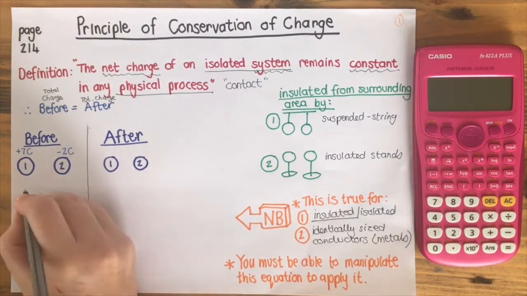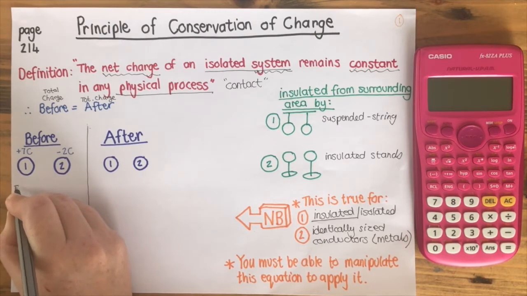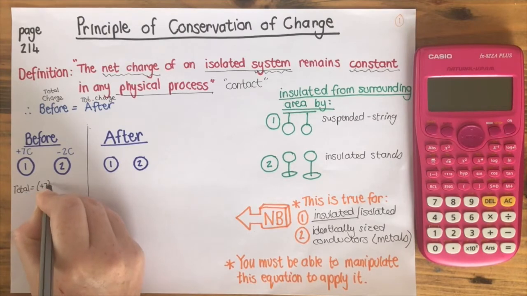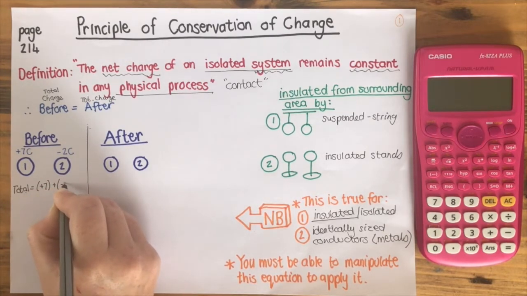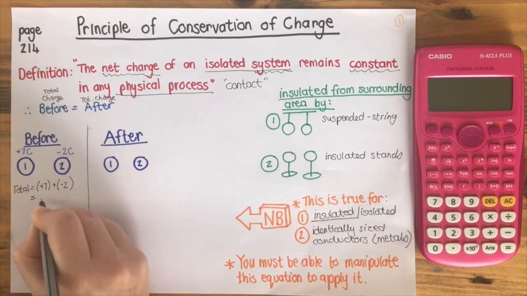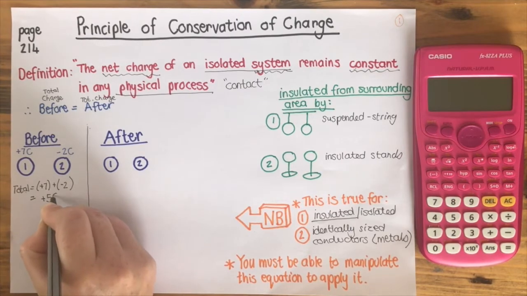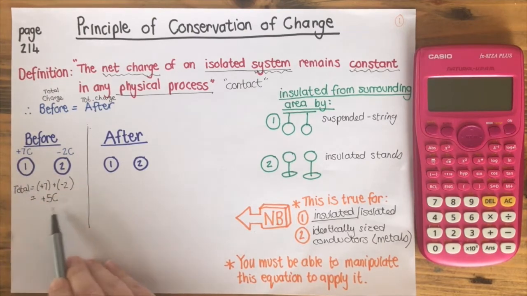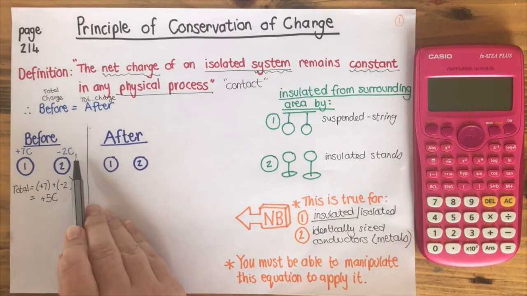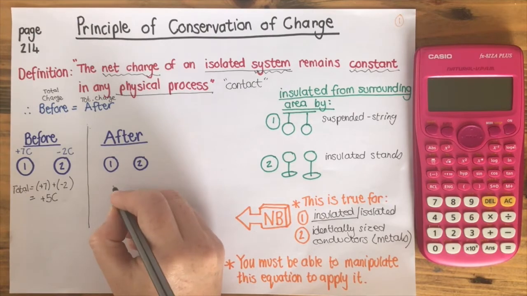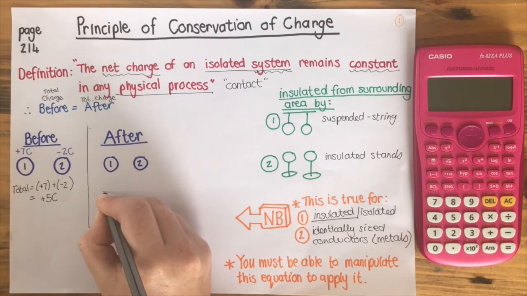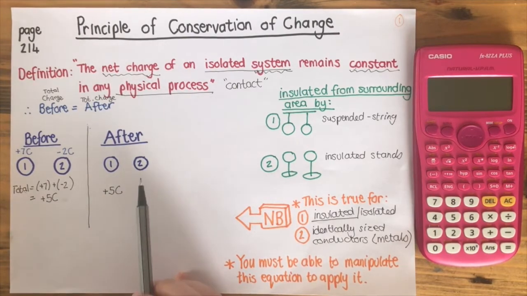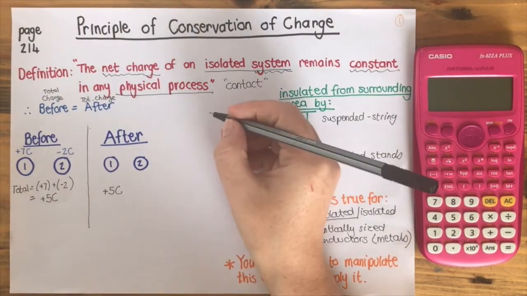So the charge before would be positive 7 added to negative 2, which is positive 5 coulombs. Now, that is the entire charge before, which means that the entire charge afterwards would have to be positive 5 coulombs.